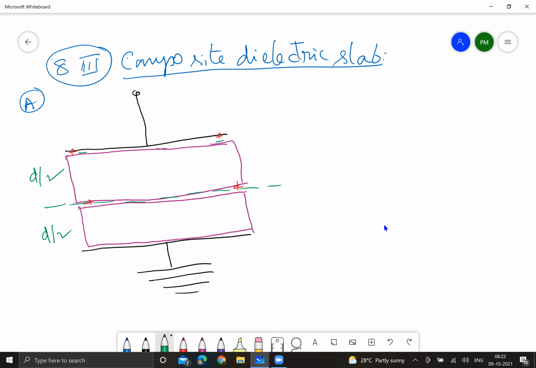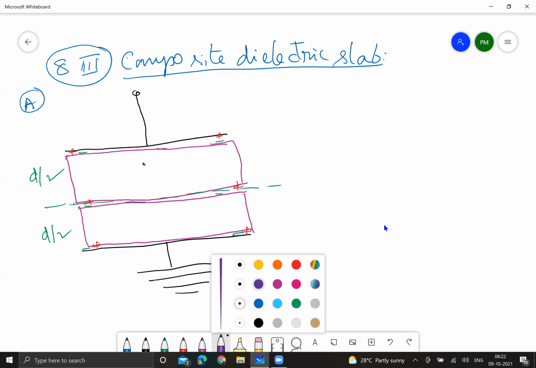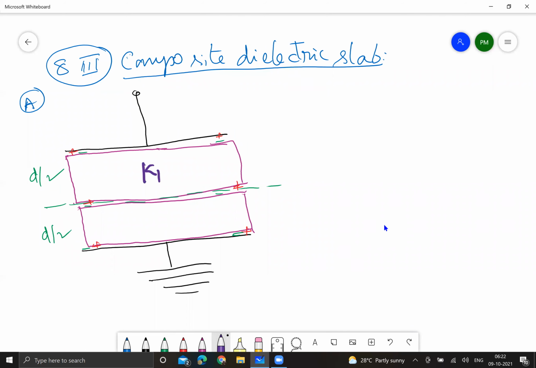Similarly, this face of the next dielectric gets negative charge, while its other face gets positive charge. As usual, the second plate of the capacitor gets the negative charge. So here, this is the dielectric slab of constant K1, and the dielectric slab of constant K2.